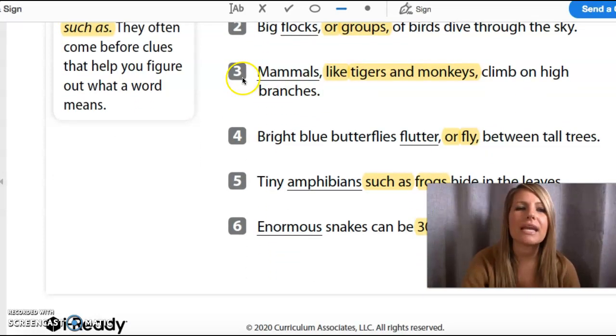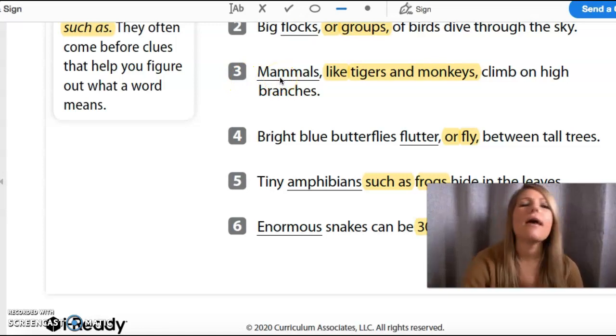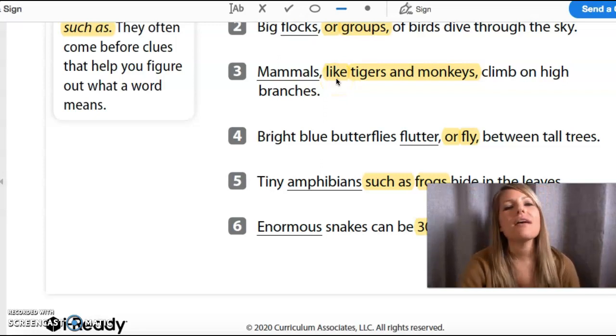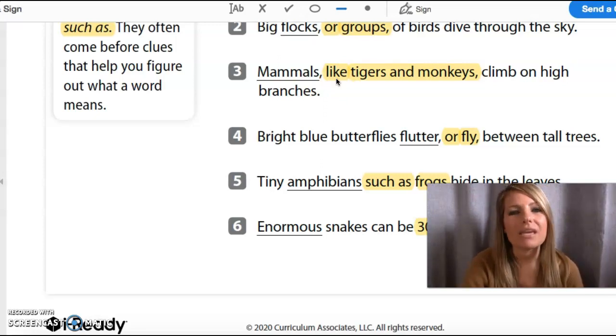Sentence number 3. We need to figure out what the word mammal means. Mammals, like tigers and monkeys, climb on high branches. I want to figure out what a mammal is, and I see the clue word like, which means I know that the meaning might be close by.